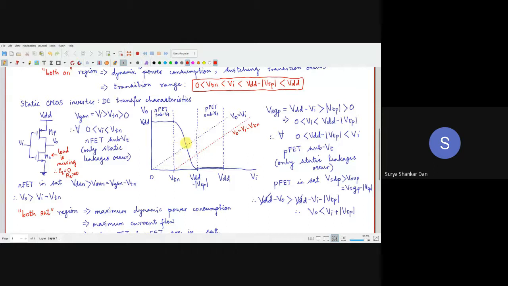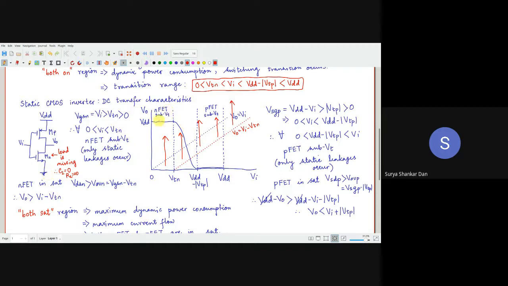Yes or no? So I can draw like this. It's coordinate geometry. Everybody with me? Any point which is above this line means NFET is what? Saturated. That is what I have shown here.